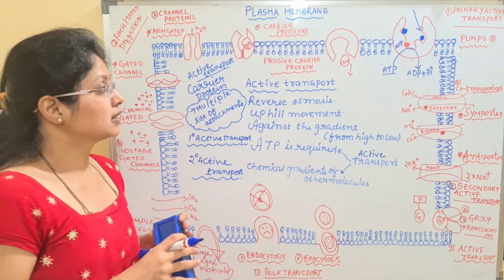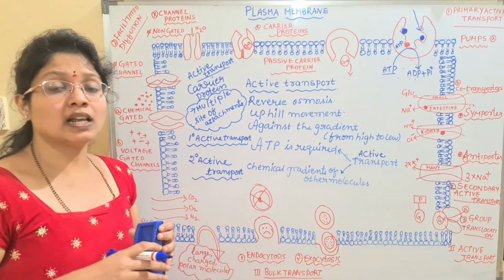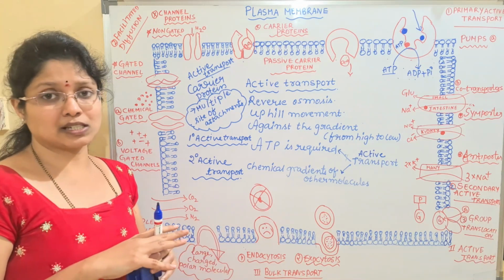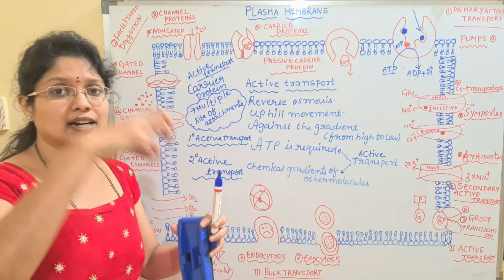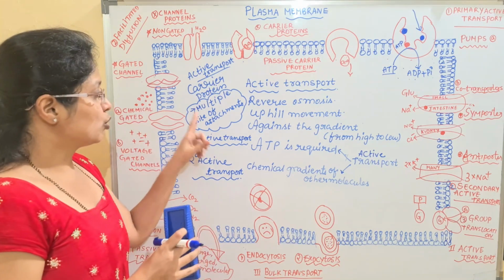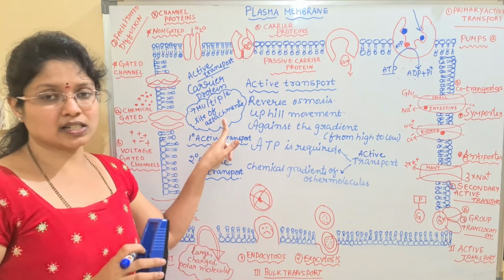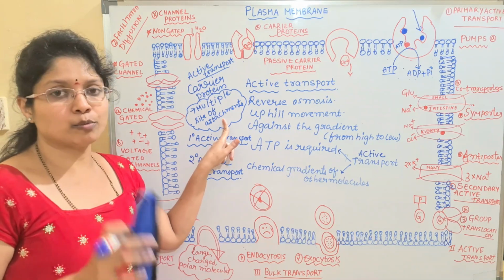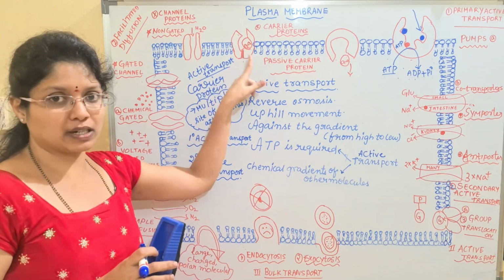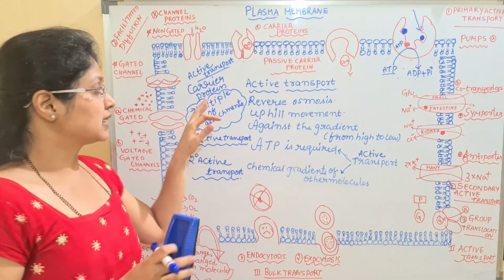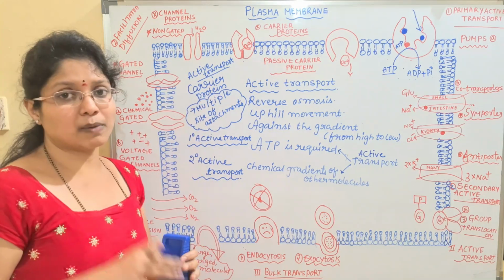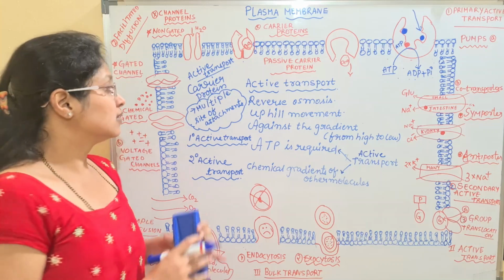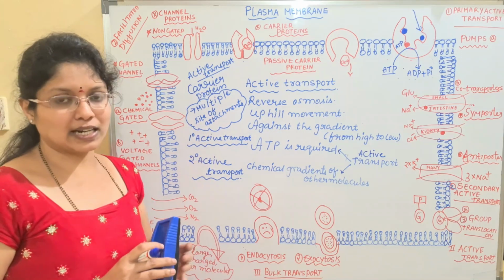They don't form any channel in the membrane, they simply show the conformational changes. They will change their conformation with the attachment of the substrate. And the most important thing which I have discussed here is that in passive transport, the carrier proteins will have one site of attachment for a specific substrate, but in the case of the carrier proteins participating in the active transport, they will have multiple sites of attachment.